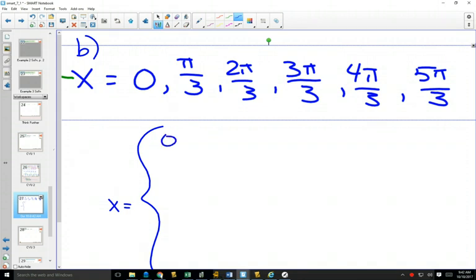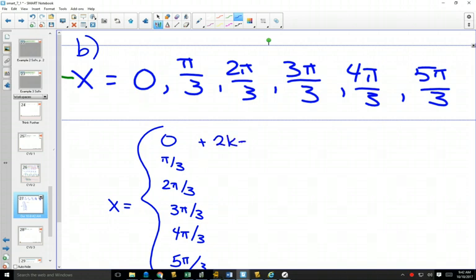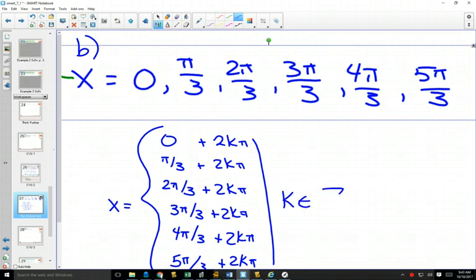We can write each of these answers, pi over 3, 2 pi over 3, 3 pi over 3, which is just pi, 4 pi over 3, and 5 pi over 3. And add 2k pi to each one. And there's the general solution for this one.